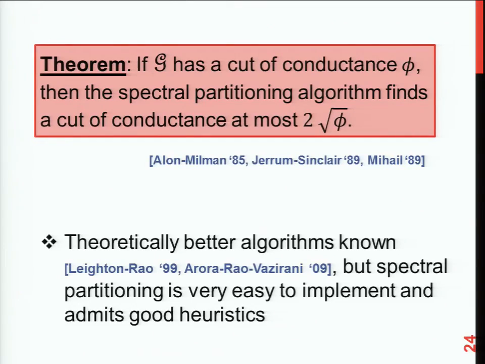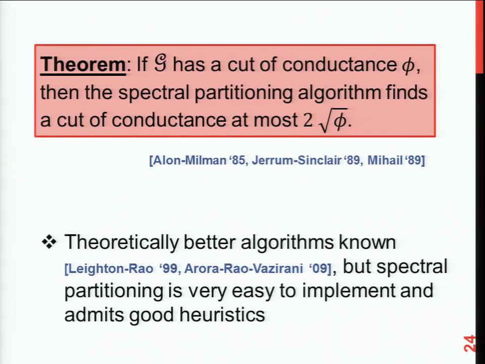But those better algorithms don't work so well in practice because they involve very complicated steps. Here you are just finding the eigenvalue, which can be done quite efficiently, whereas there you need to solve a convex program which takes more time practically. But spectral partitioning is easy to implement and it admits good heuristics.